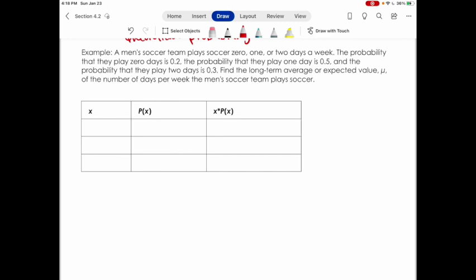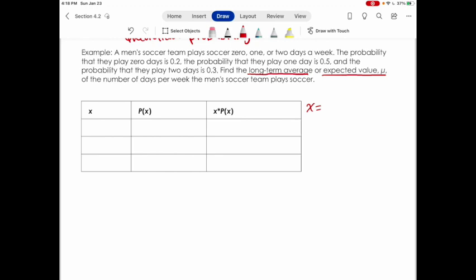The probability that they play 1 day a week is 50%, and then the probability that they play 2 days a week is 30%. Find the long-term average or expected value, which is the mean of your probability distribution.